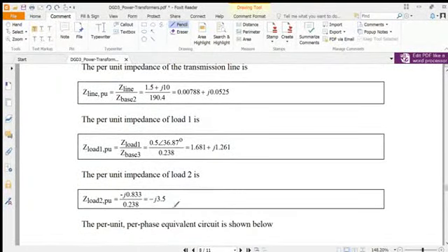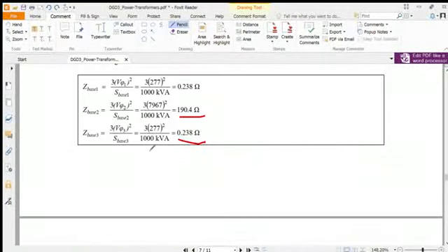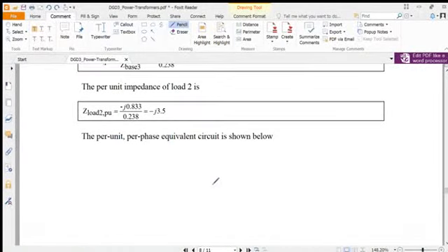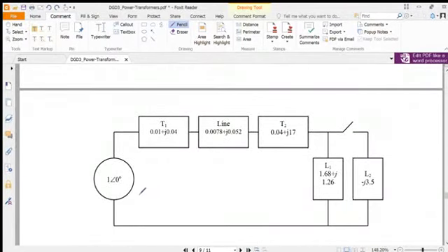And what about load 2? The actual divided by base, because load 2 is also in zone 3, and in zone 3 the base value is 0.238. Okay, so now we'll draw the per unit circuit. Here is the generating unit.